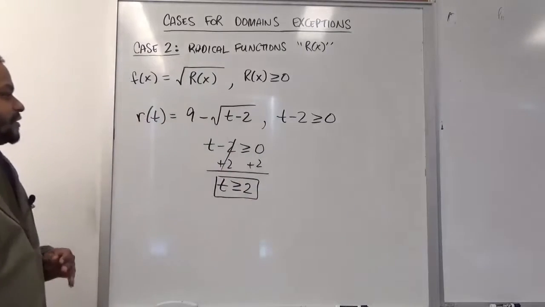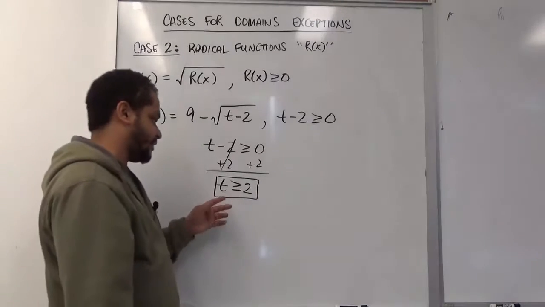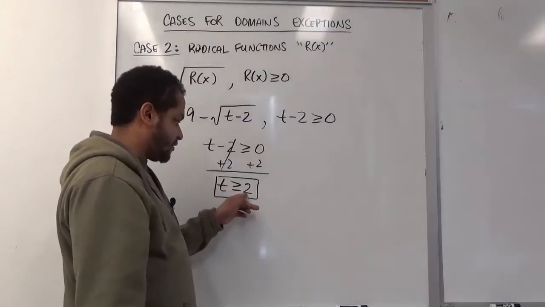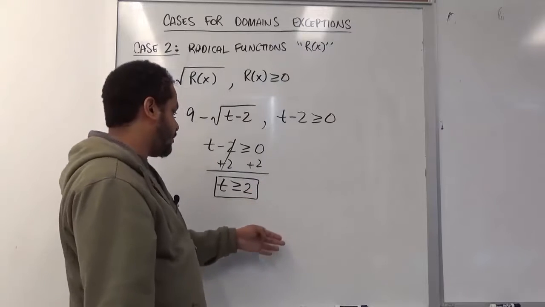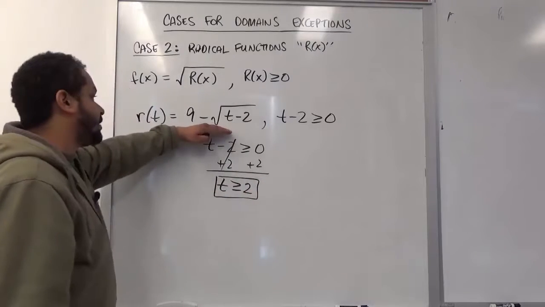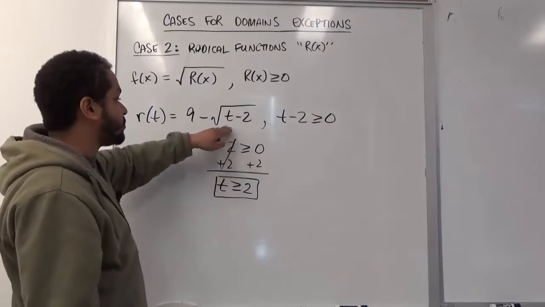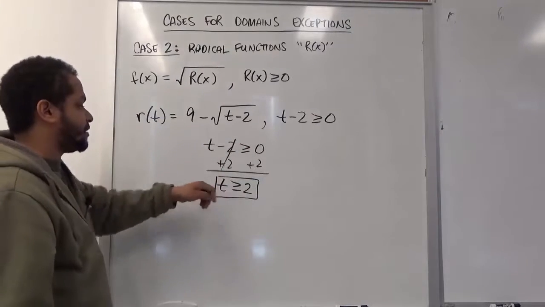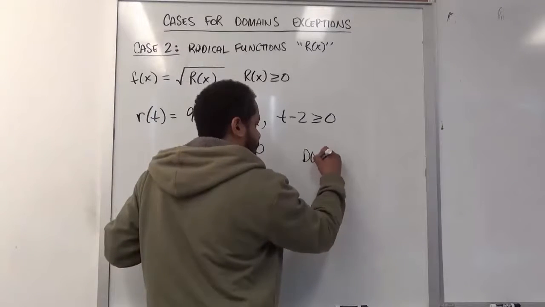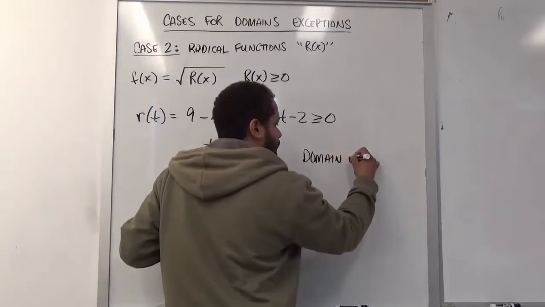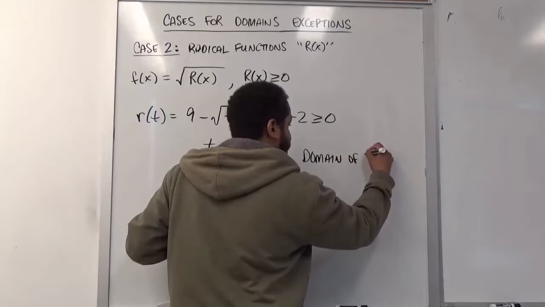And now to turn this into interval notation, we're observing what it says here. And it says all values including 2 to infinity are valid for input into this function. And in fact, all values that are greater or equal to 2 will produce a value of y every time we insert it. So our domain for this function, this is the r of t.